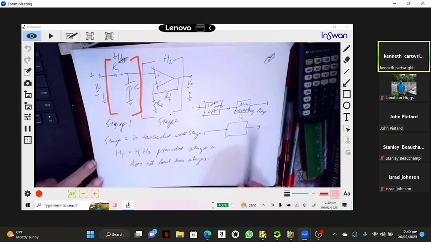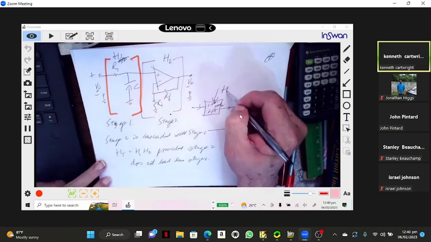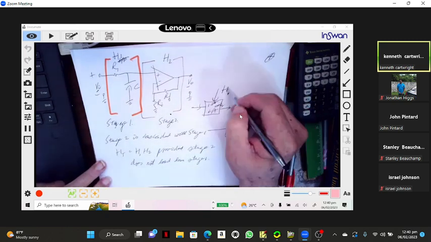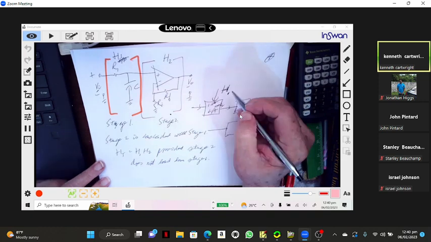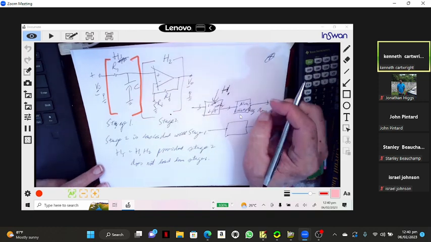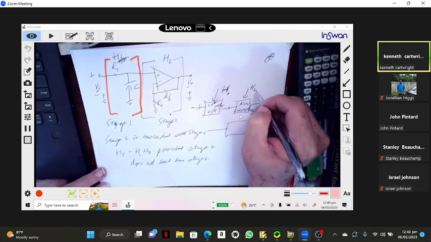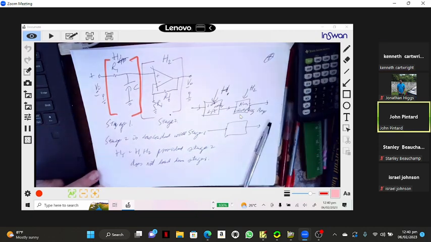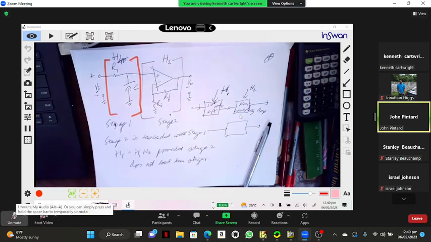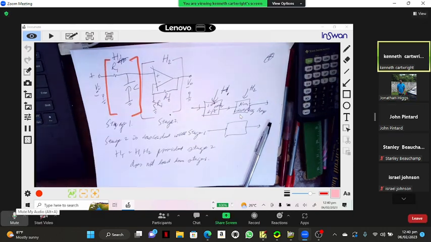So this is going to be H1, transfer function 1. What symbol do you all use for transfer functions? What symbol did you use in 120? G of S. Yeah, that may be right.